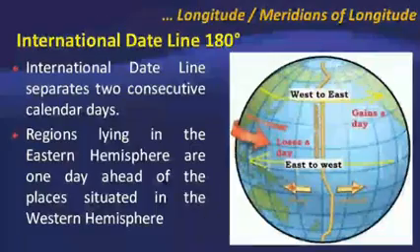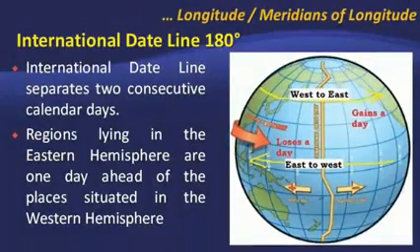Friends, the international dateline separates two consecutive calendar days. The regions that lie in the Eastern Hemisphere are one day ahead of the places situated in the Western Hemisphere. When you cross the dateline, you become a time traveler.